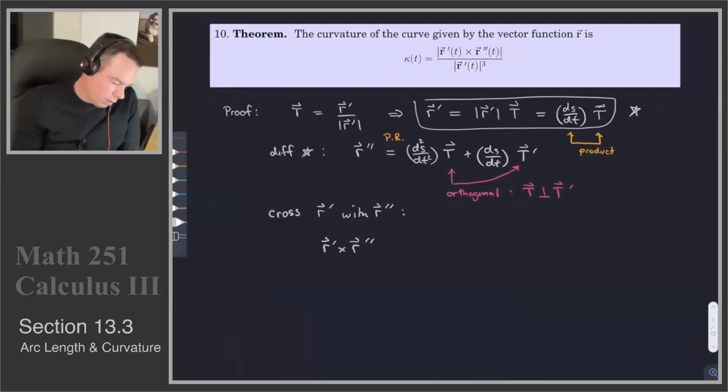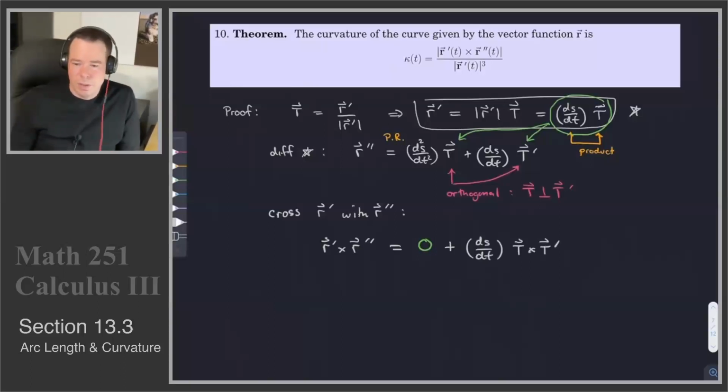So let's take their cross product. When I take their cross product, I'm crossing this vector, T, with that one and with that one. When I cross T with itself, I get 0. And so only the second term survives, and that would be ds/dt squared, T cross T prime.